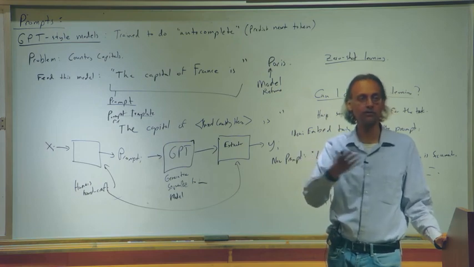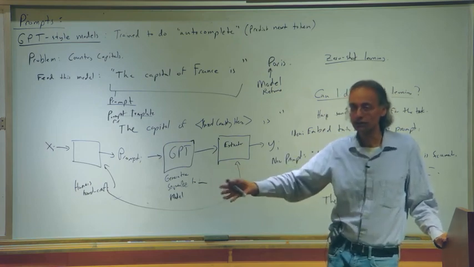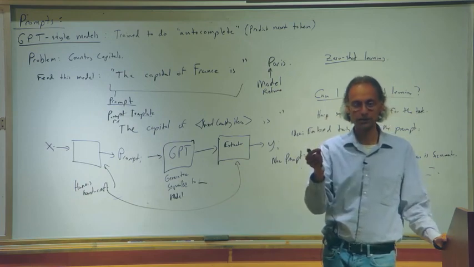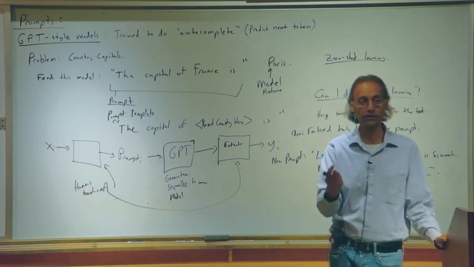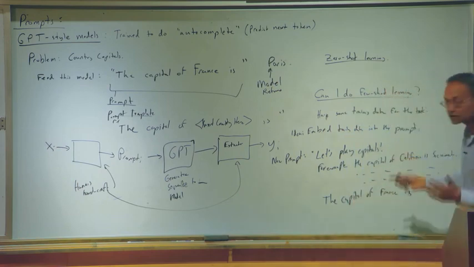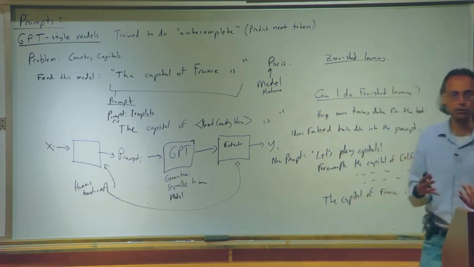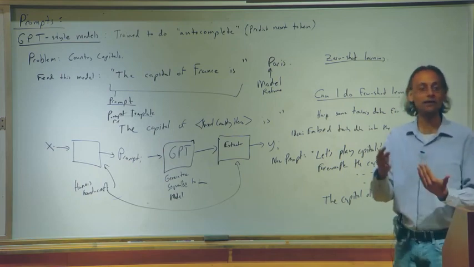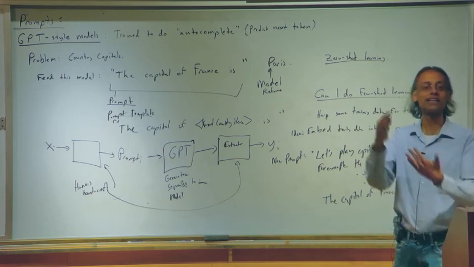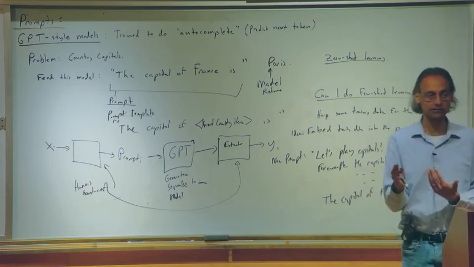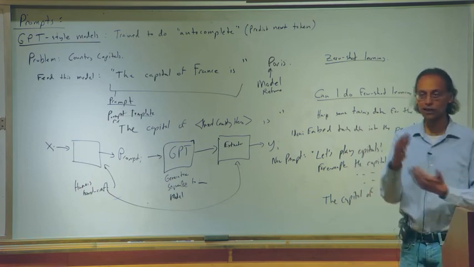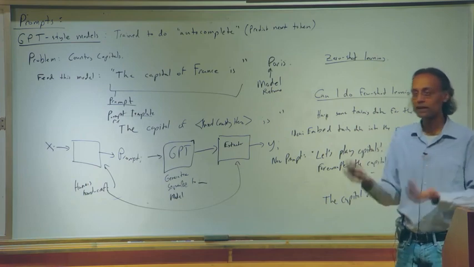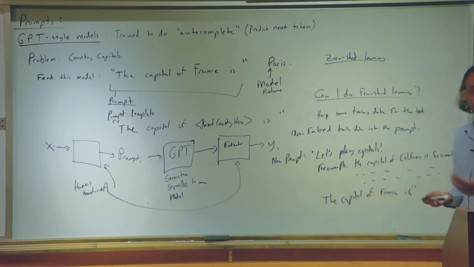Remember in SVMs that your decision boundary is determined only by the support vectors. So maybe there's something like a support vector here that can be found. And you can try all kinds of cool optimization approaches to pick which training data gets embedded into the prompt, so the prompt itself is trained in that sense. There are lots of such tricks, and they will make things work a little bit better.